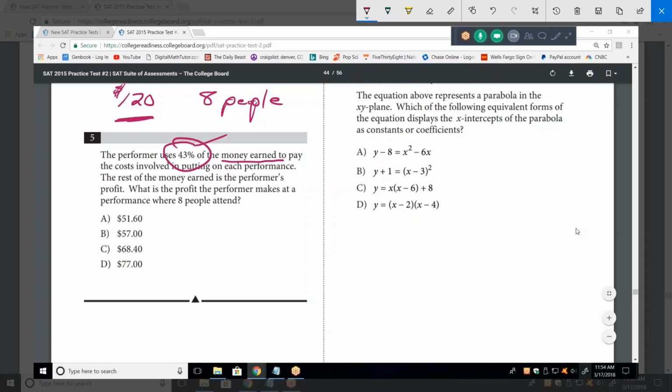Well, tell me how you're doing it. 0.43 times 120. That's not his profit. That's his expense. Oh, wait. Hold on. I got it now. So it's 57% is his profit.